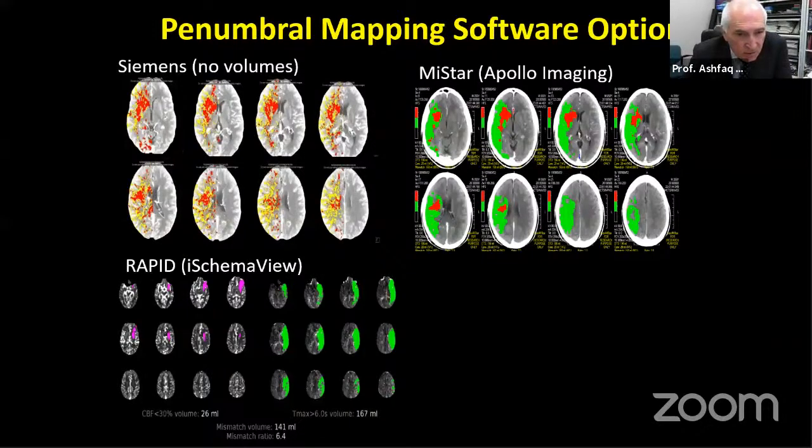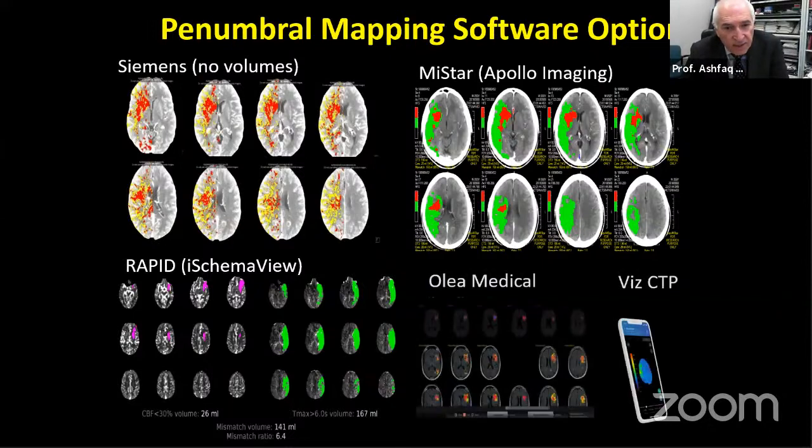So the smaller the core, the larger the penumbra, the better you can expect as a good outcome. And this is another program that you can also see on your cell phone called OLEA. So I'm going to give you two examples of patients where I'll show you how important RAPID software is in helping us treat our patients.